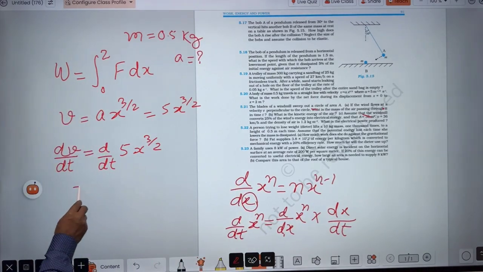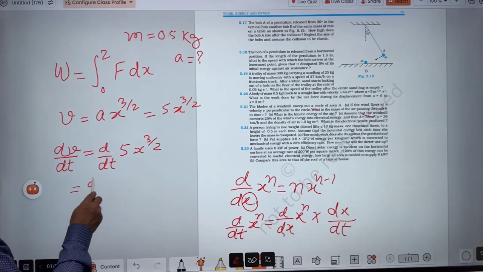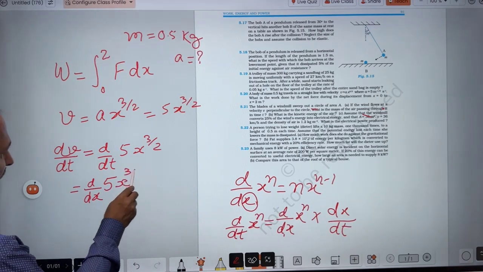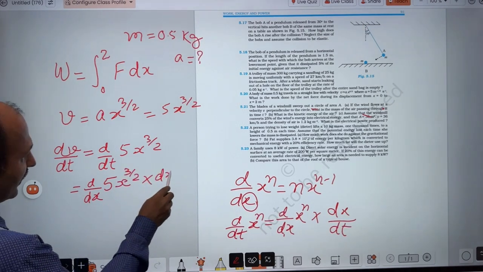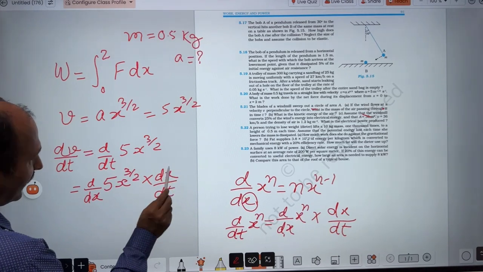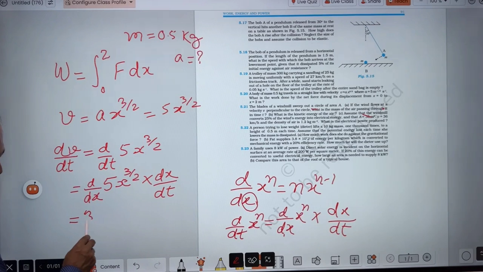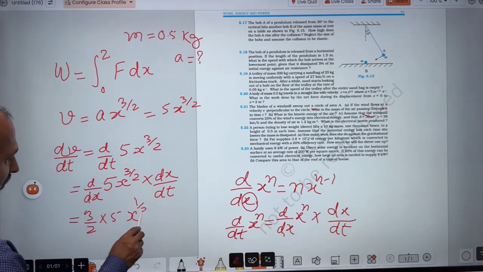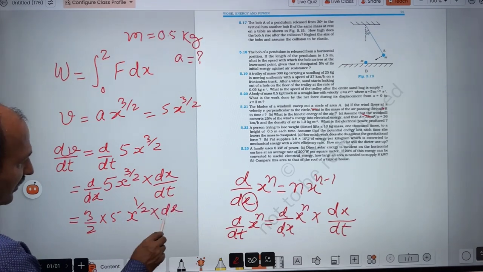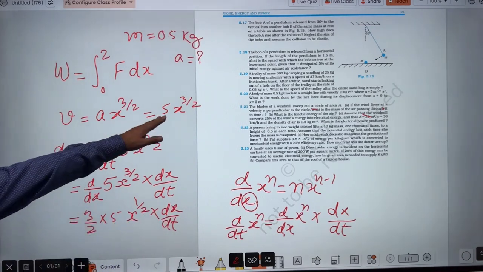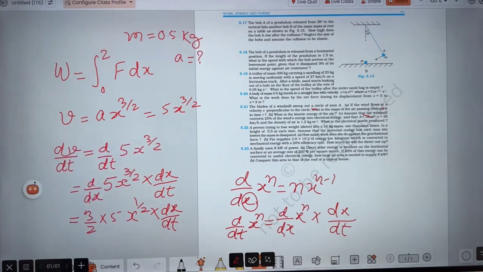So here same will happen. You can write here d upon dx of 5x power 3 by 2 times dx by dt. I think there is no doubt. So this will become 3 by 2 times 5 times x power 1 by 2 times dx by dt. And if you remember, dx by dt is velocity itself, which is given as this 5x power 3 by 2.